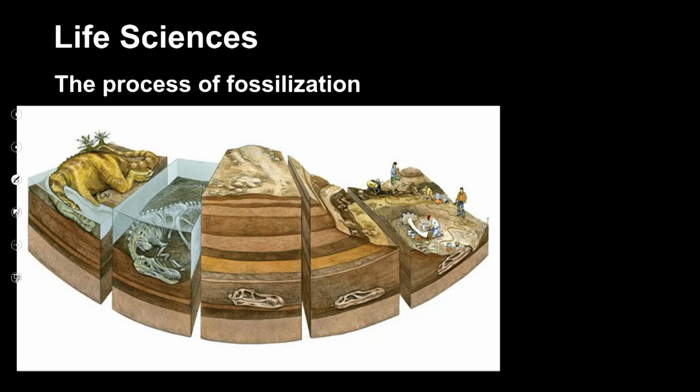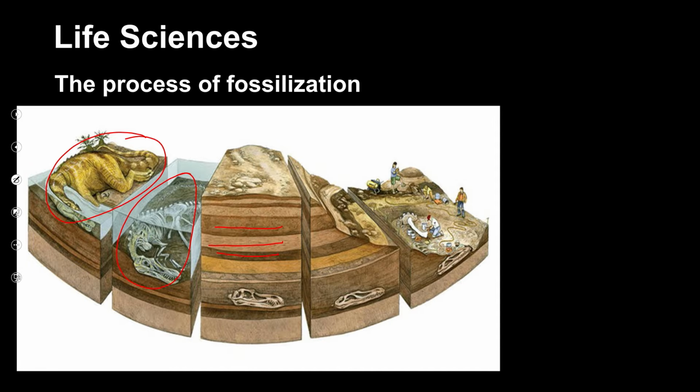Let's have a look. First of all, the animal has to die, preferably near a river, so the bones can be buried. Then, soft parts decay, leaving only the bones. Because it's near a river, sediment gets laid down over the bones. Over many years, many layers of sediment are brought down by rivers and cover the skeleton.